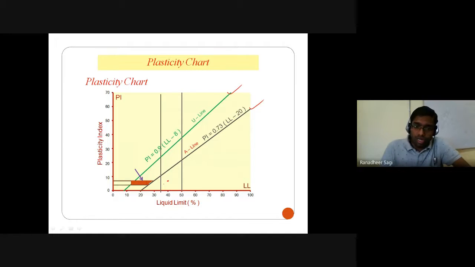So what I should now understand is all those soils whose data points fall below the A line. When you are marking that liquid limit and plasticity index data on your plasticity chart, if the point lies below the A line, then we categorize that particular soil as silt or organic soil.